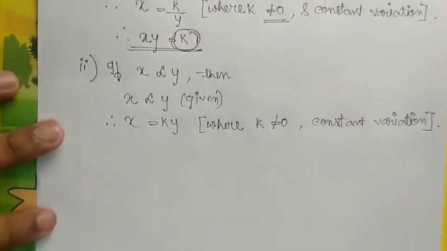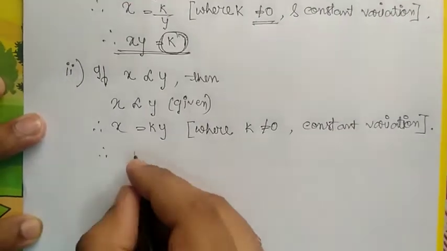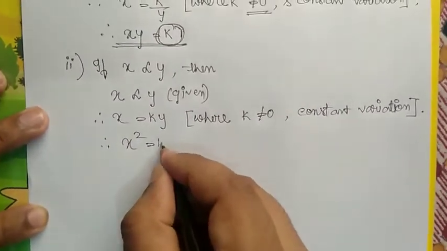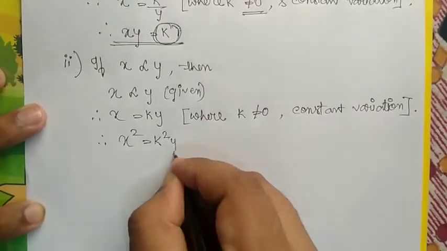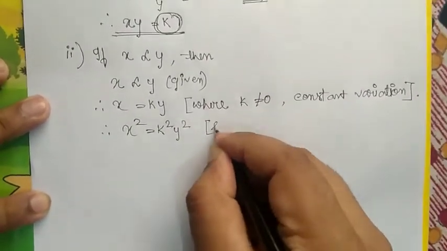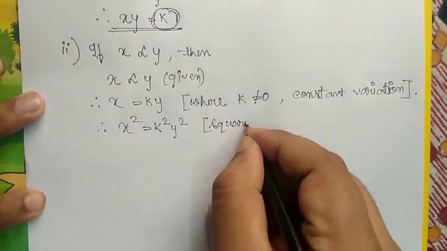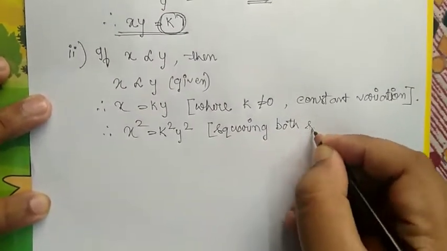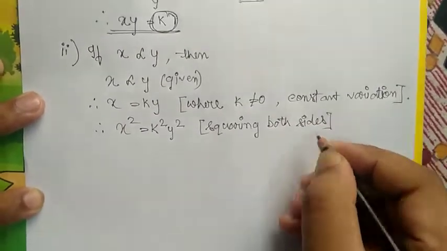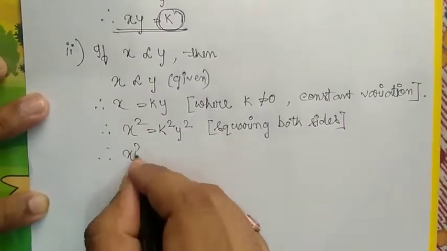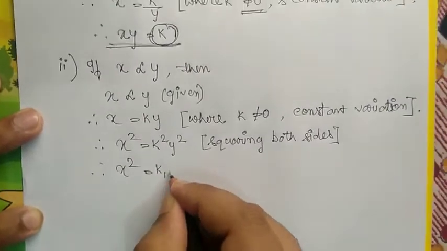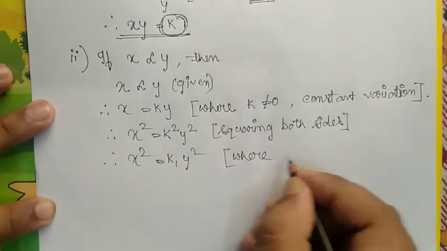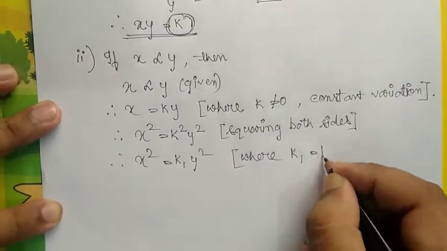So therefore x square equal to k square y square, squaring both sides. Therefore x square equal to k1 y square, where k1 equal to k square.